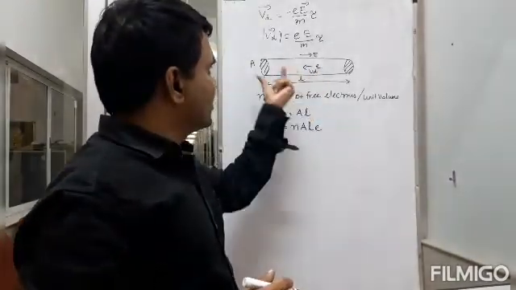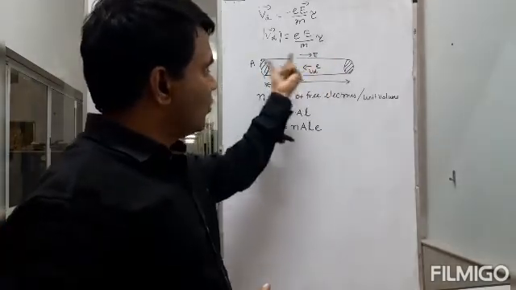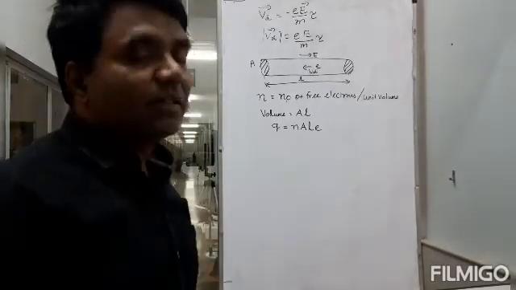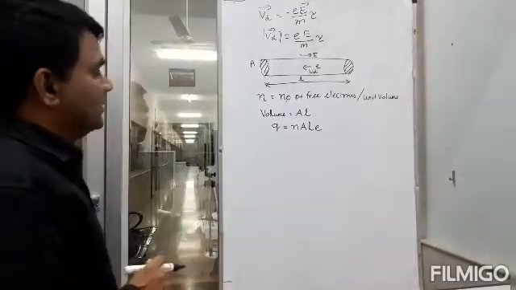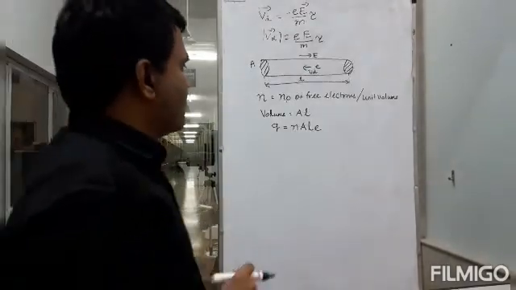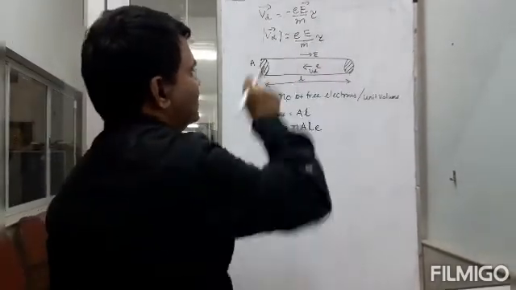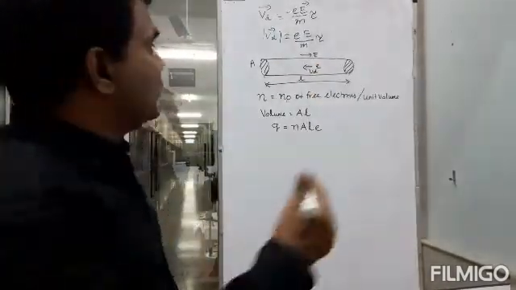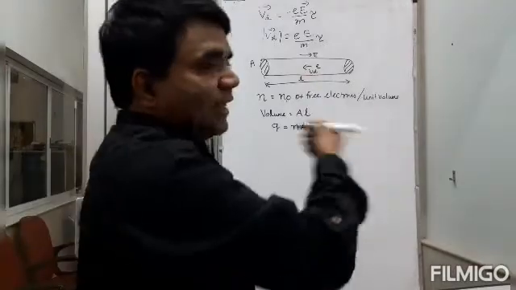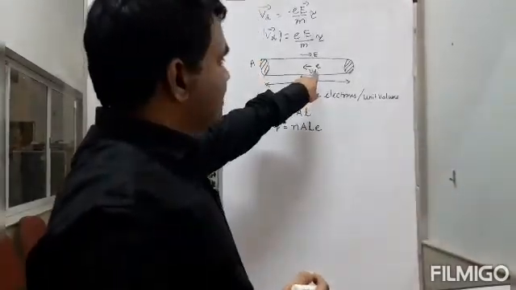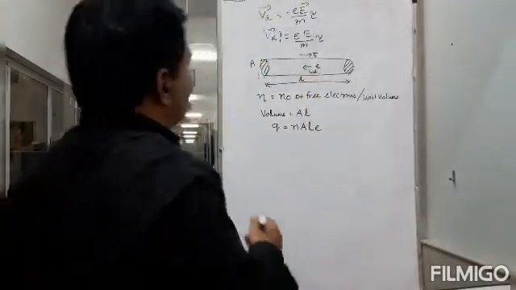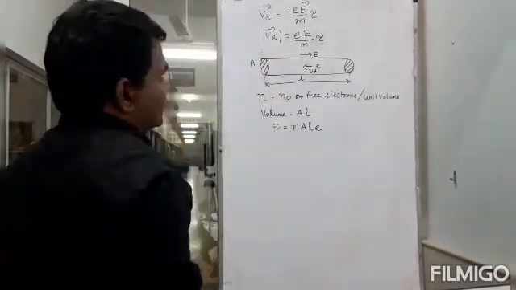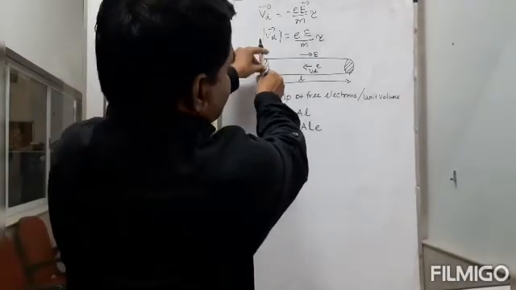So the total charge contained in this volume is given by Q equals n A L e. Okay, that's fine. So this is the total amount of charge in this, and we know that every electron on average is moving with this speed. So what is the time, what is the current through this? What is the current through this area?